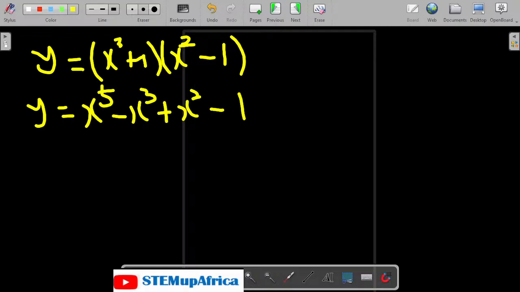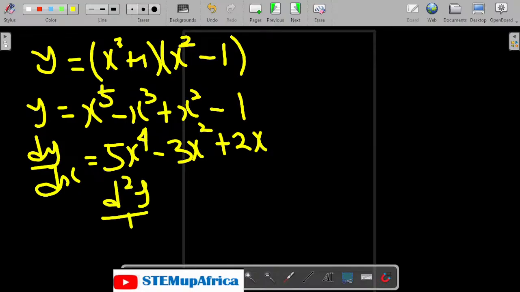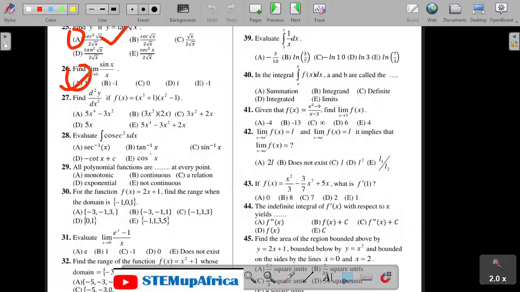So I can now differentiate. dy/dx will give us 5x to the power 4 minus 3x squared plus 2x. This is the first derivative. Let's get the second derivative, d squared y over dx squared. What did you ask us to find? Second derivative.